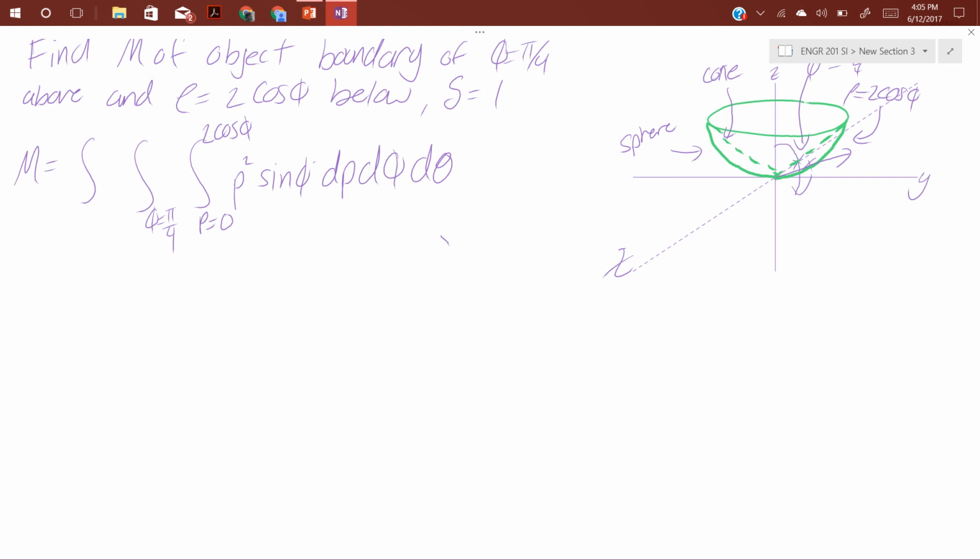But I like how in rectangular coordinates we find the very last integral part where you don't use any equations to define it. This is the same thing. So you have to look at what is the max value of the angle phi on this sphere.